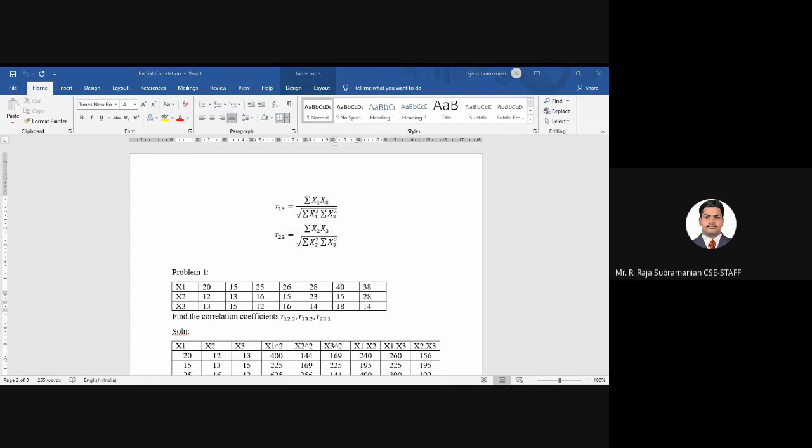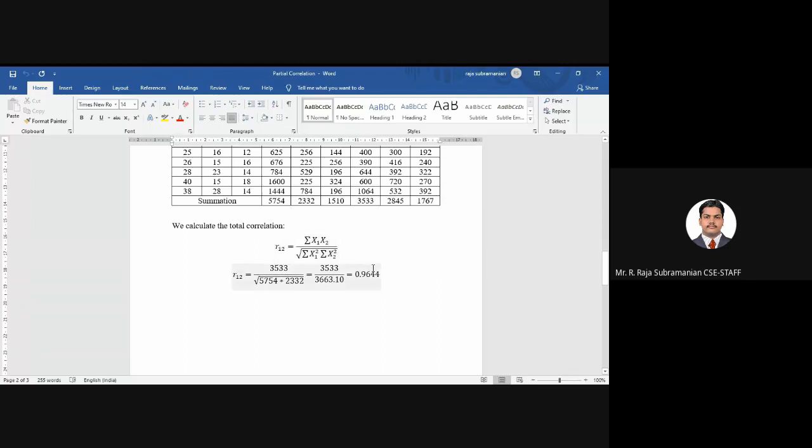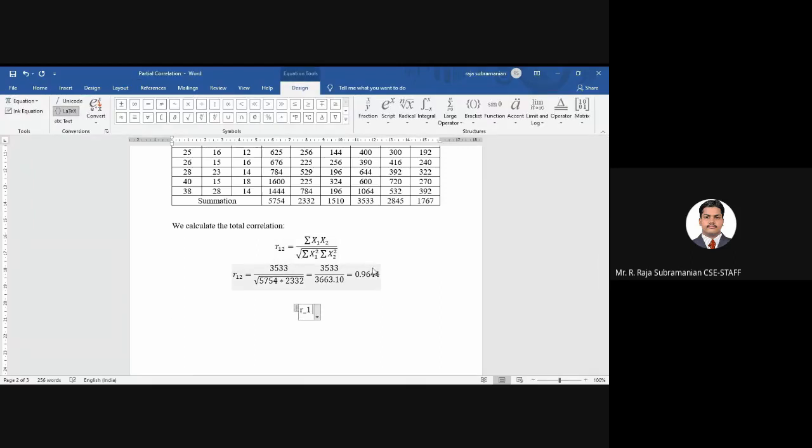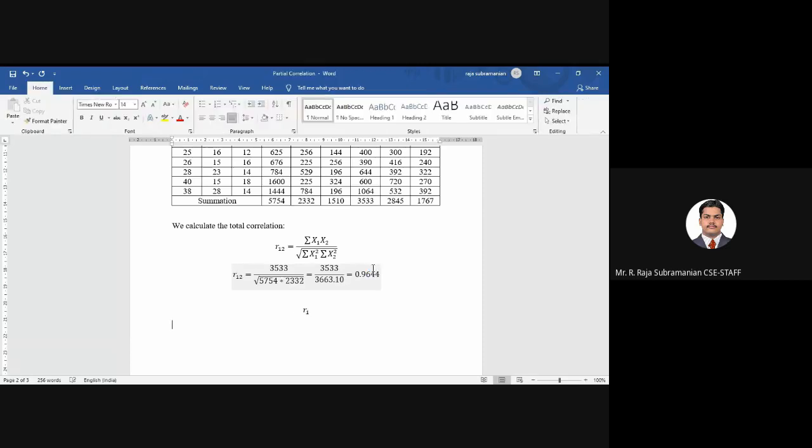What is r13? Please be unmuted. This is the most important thing, and it will be important in the quiz also. What is r13? Summation x1 x3 divided by the square root of summation x1 squared into summation x3 squared.